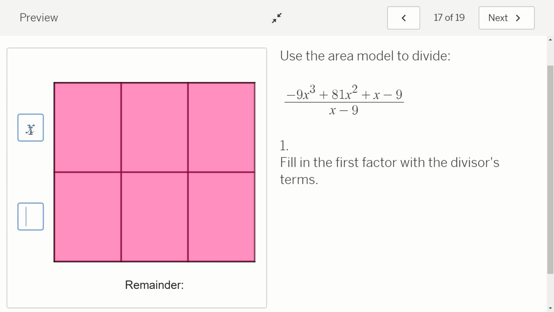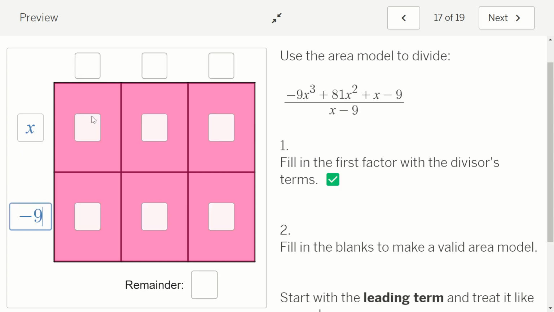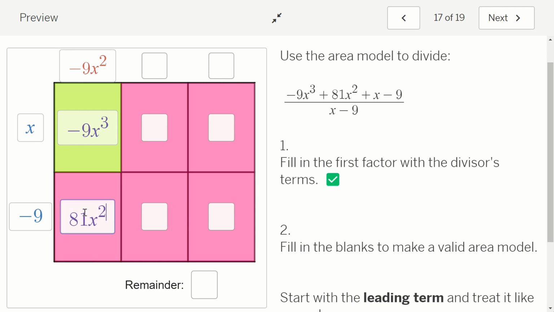X minus 9. Okay, it tells me that's good. Fill in the blanks. Make a valid model here. So let's just see how this goes. Negative 9x squared. 81. I'm not digging that. 81x squared.